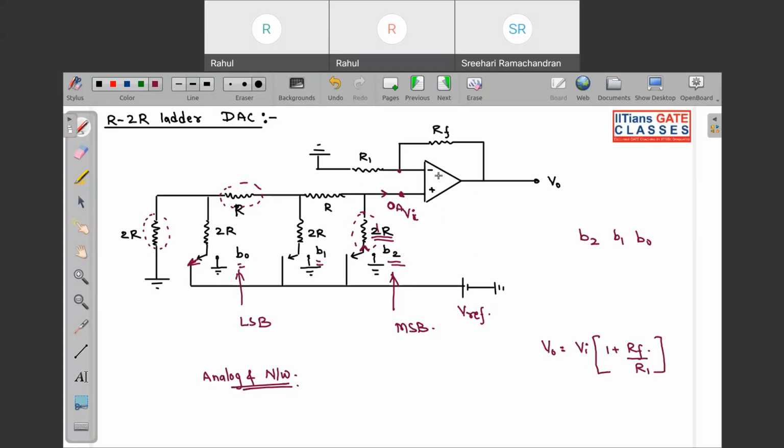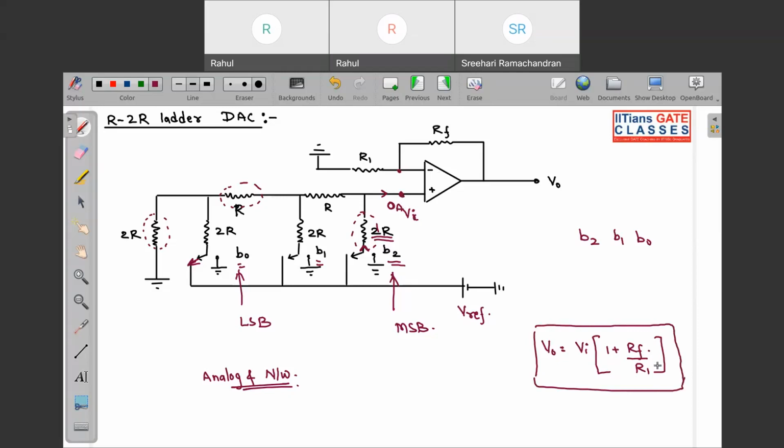Why? Because your ideal op amp has infinite open loop gain, and when it has infinite open loop gain, the input impedance of the op amp is also very high. So if you are able to get this Vi, you will simply get the V naught.